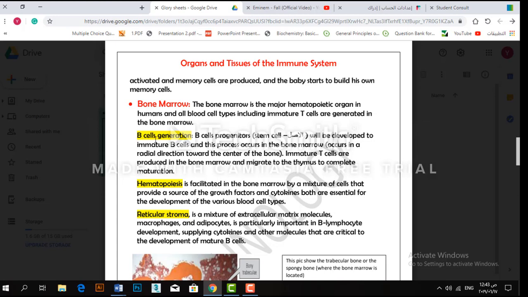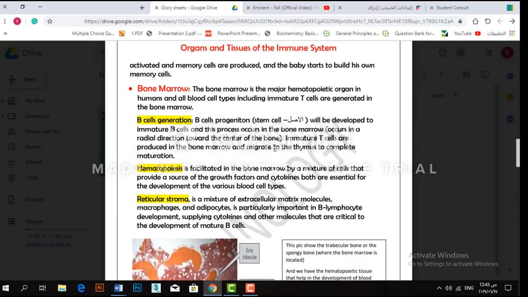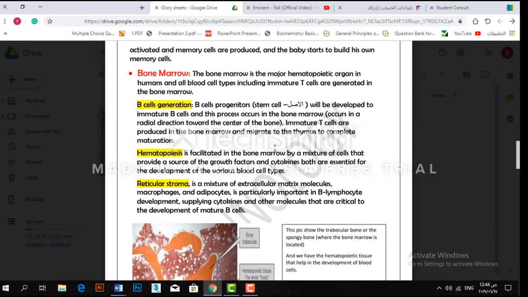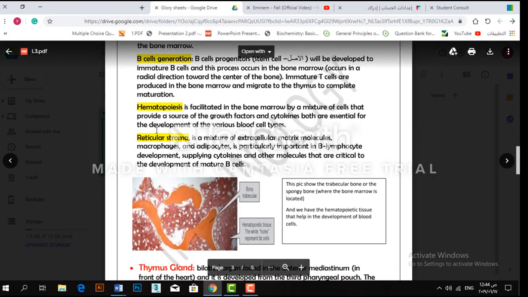Now, B cell generation. As we mentioned, B cell progenitors or stem cells will develop into immature B cells, and this process occurs in the bone marrow in a radial direction toward the center of the bone. And we mentioned immature T cells are also produced in the bone marrow and migrate to the thymus to complete the maturation. We have something called the reticular stroma.